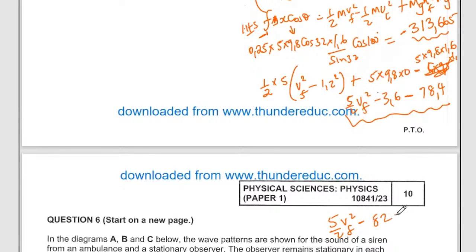So minus 82 is equal to 31.3665. So 82, multiplying by 2 and dividing by 5, I'm getting that, and then I'm getting 9.6.